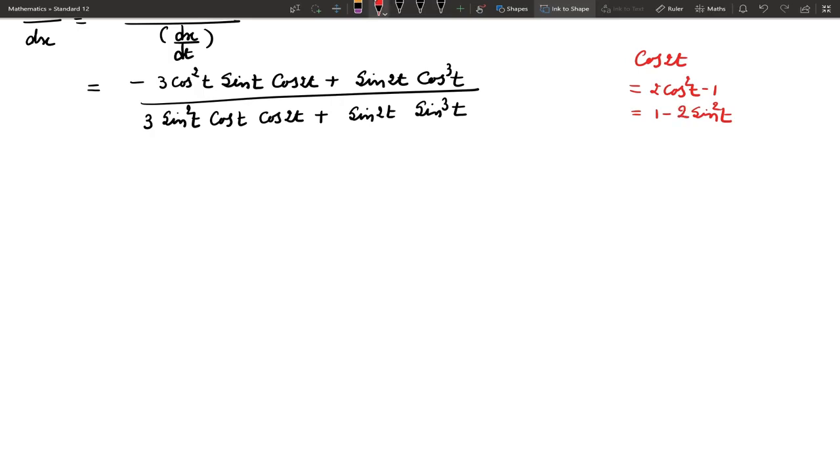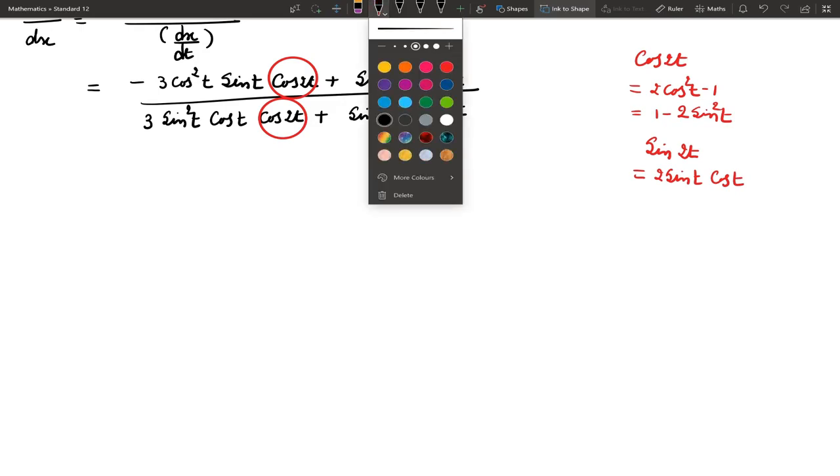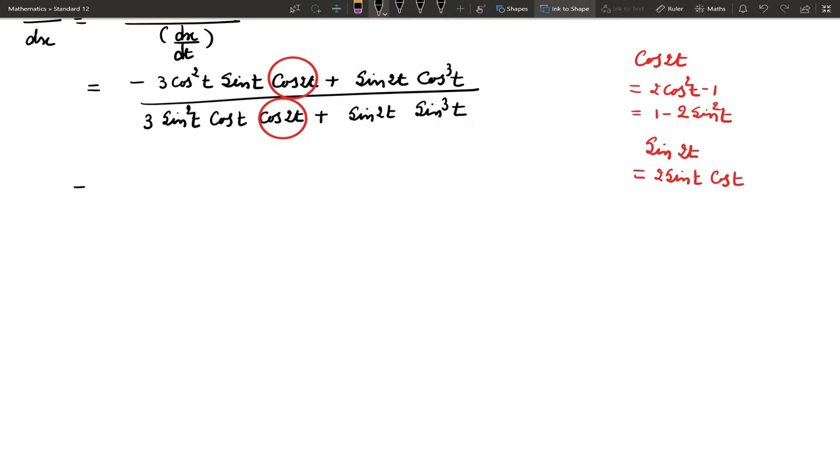So here we will substitute values for cos 2t. Here also cos 2t. And sin 2t is 2 sin t cos t. So we use two basic formulas and we simplify.